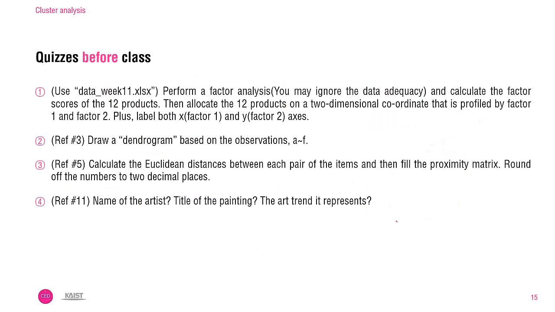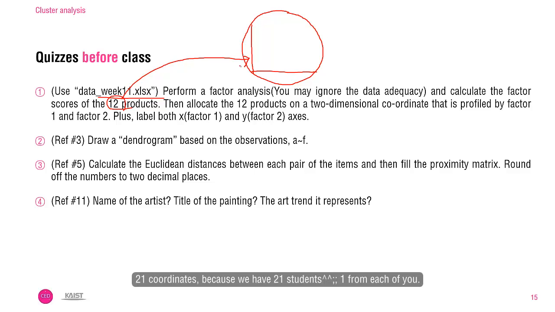Regarding the quiz, please perform the factor analysis using this data set and draw your own results. We will share your drawings in the class. So please draw your coordinates with the 12 products allocated within these coordinates. You can draw by hand or you can use Excel. Anyway, we will share all 21 coordinates drawn by yourselves.